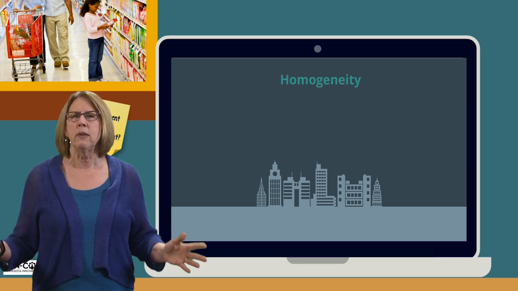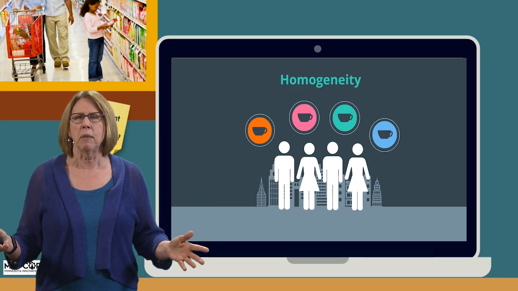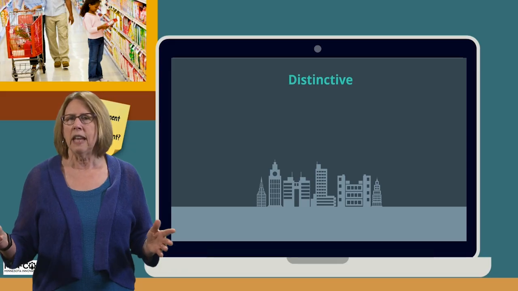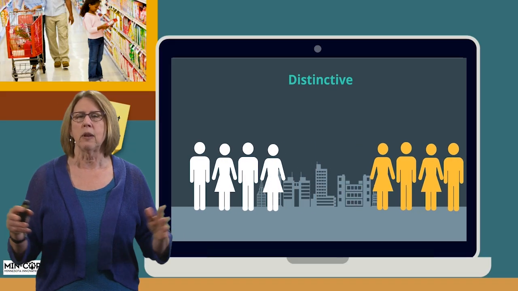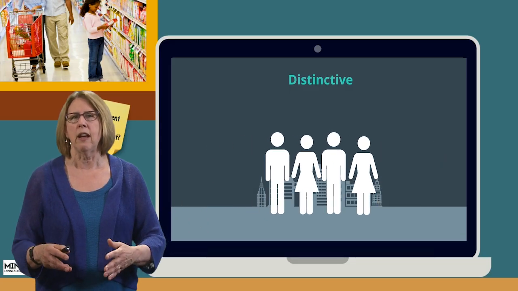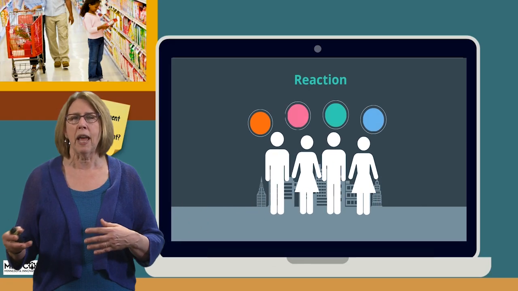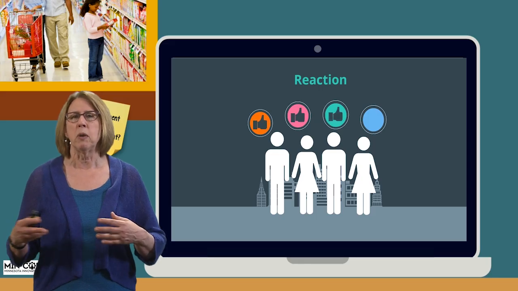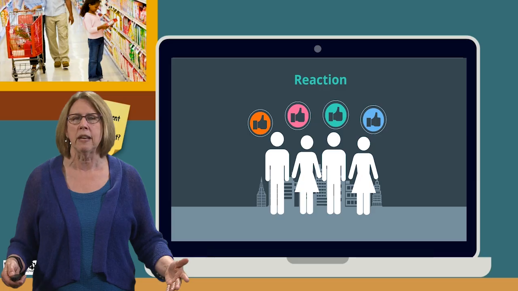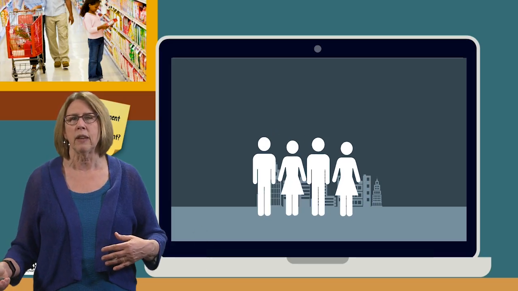There is a clear definition for it. Homogeneity, that everybody within a segment has somewhat similar wants and needs. And yet, they're distinctive from other segments so that you can be focusing in on them. And they may also have similar reactions to various marketing efforts or outreach, whether it's advertising or social media or various marketing channels or delivery channels.